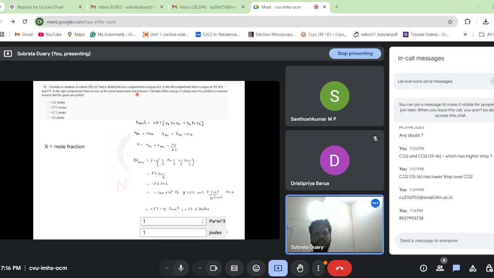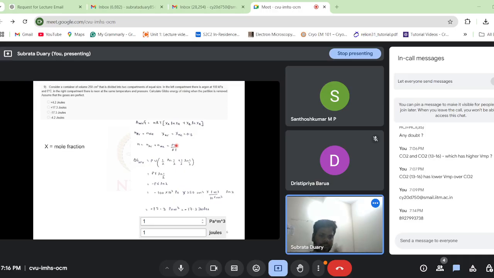The gas in both compartments mixes, with the same volume and temperature. Using the normal relation PV equals nRT, pressure, temperature and volume are all the same, as a result of which each mole fraction is 0.5, because the volume is only divided by 2, so each is half and half.